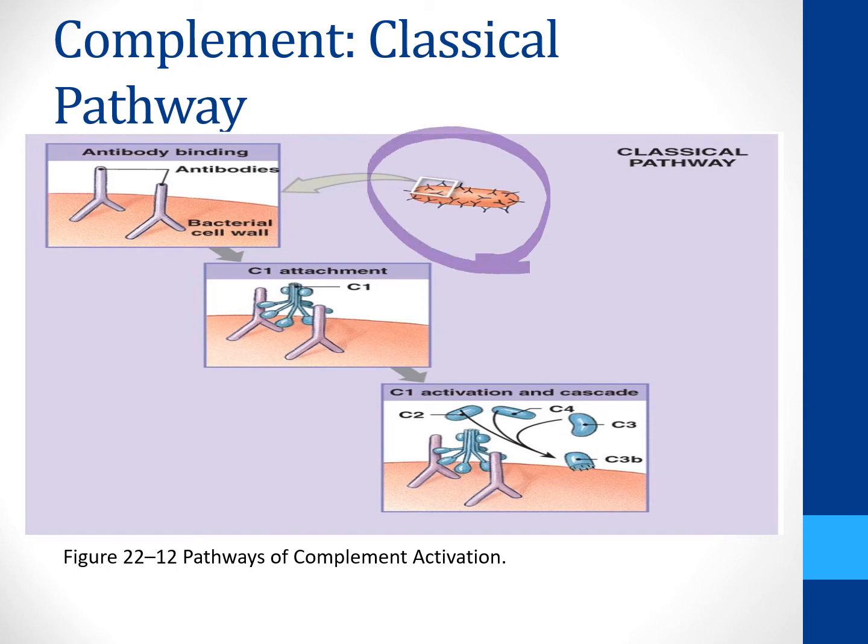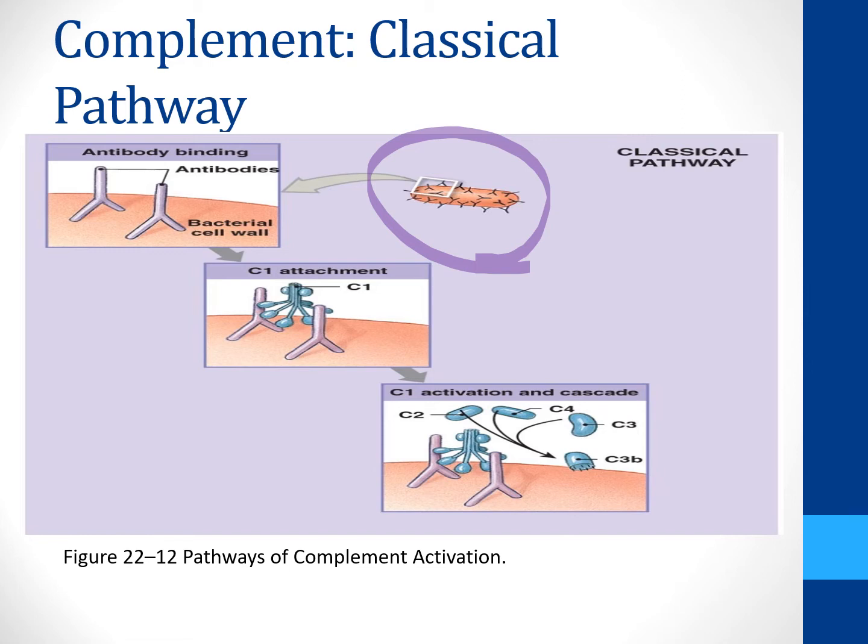That enhances phagocytosis because, instead of having a smooth outer layer, the pathogen becomes rough and allows the phagocytes to attach to it more easily. And they enhance inflammation through the release of histamine.